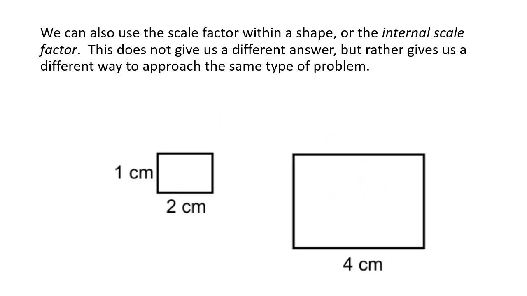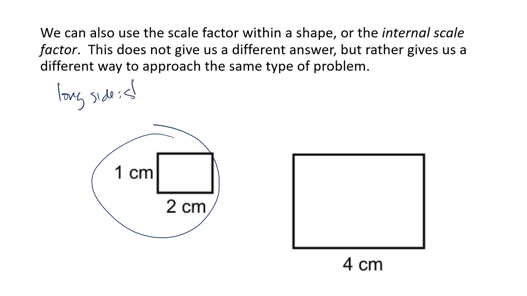So the other way to think about scale factor is not comparing a shape to another shape, but comparing a shape to itself. And for this, I'm going to use this pair of rectangles. If I look at this one, I'm going to make a ratio of the long side to the short side.